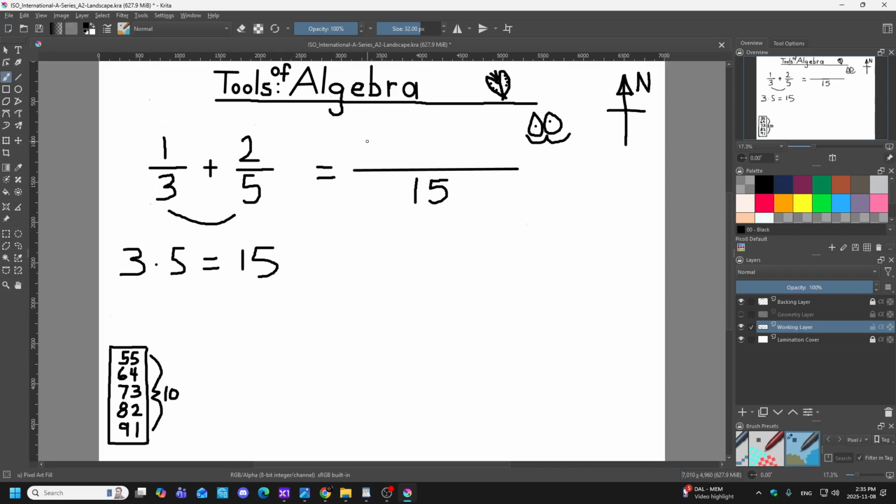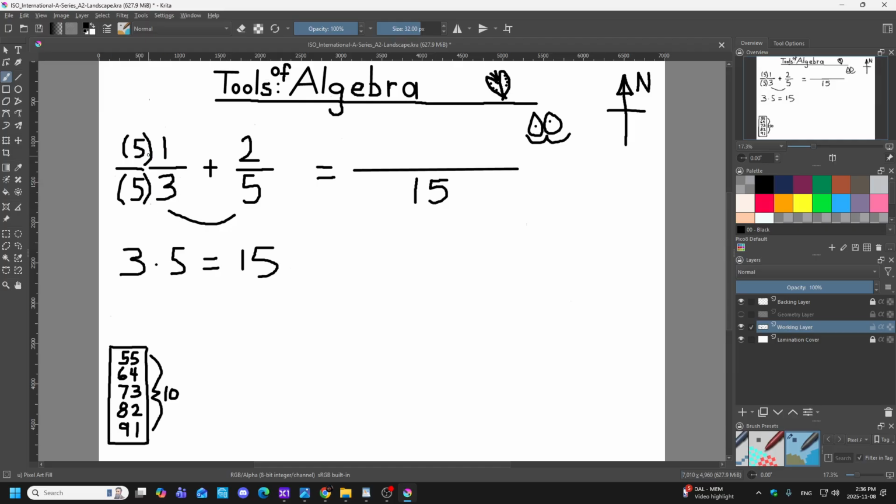Knowing this, I have to make this 15 and also this 15. So in order to do that, I here have to multiply the numerator and the denominator by 5 to get 15.